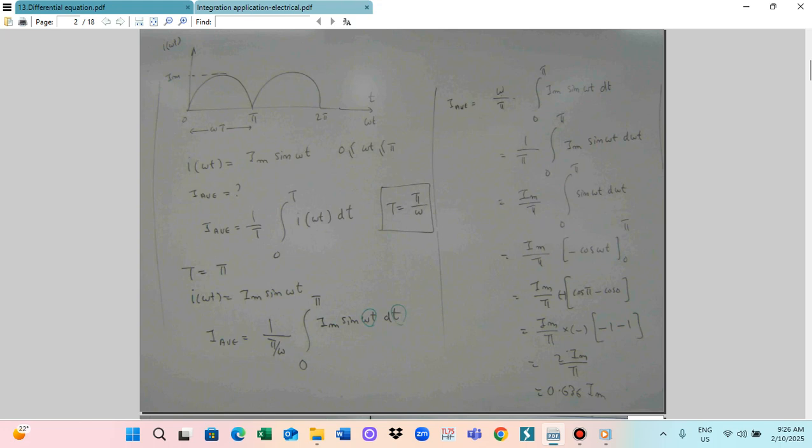This will be i(omega t), because the maximum value is Im. This horizontal axis will be t and omega t. So this is the waveform here. You also have to find the average value of this waveform. Because this is a half sinusoidal wave, the i(omega t) function.